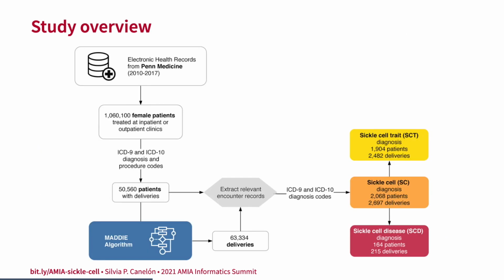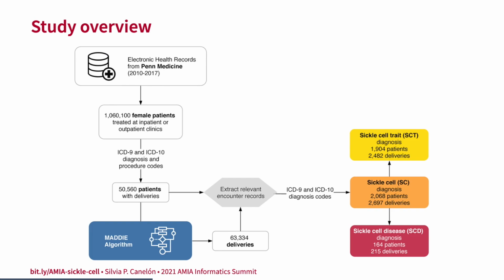So our study, as I mentioned, involved obtaining electronic health records from Penn Medicine, identifying female patients that were treated at inpatient or outpatient clinics, using ICD-9 and ICD-10 diagnosis and procedure codes to identify patients with deliveries. And then we used our MADI algorithm to identify specific deliveries for each patient.